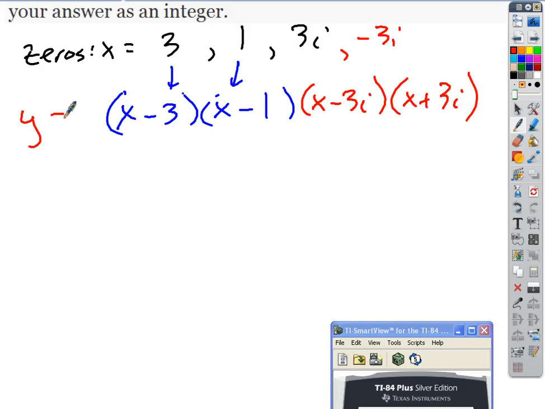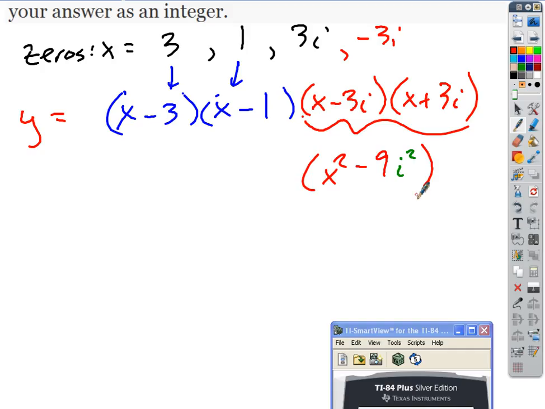But what's i squared? Negative 1. So that just becomes x squared plus 9. And you always know you're going to get an x squared plus something when you multiply these out instead of x squared minus. Okay, and then the other two, if I FOIL those out, what do I get? x squared minus x minus 3x, so minus 4x plus 3.